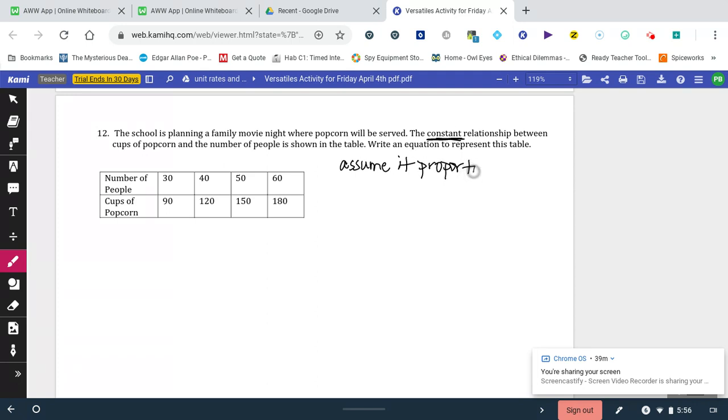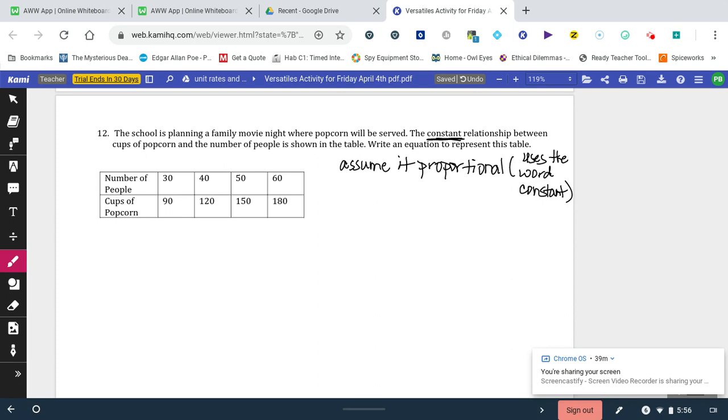Because it says that it's constant. It uses the word constant. All right. Now, you're going to write an equation. So to write an equation, you need to take y and divide it by x.